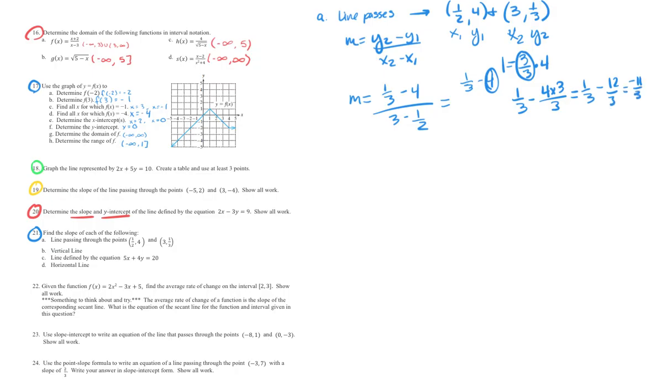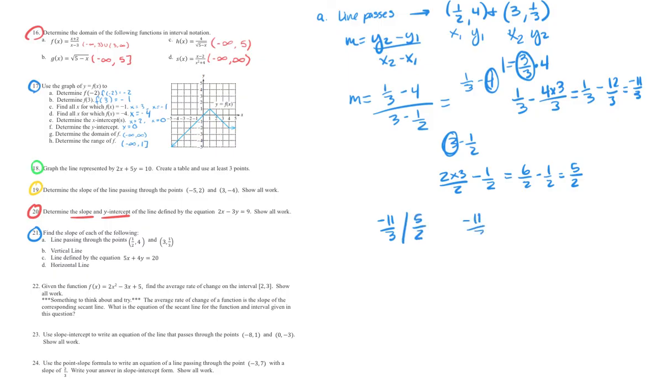Then we also have the bottom, where we have 3 minus 1/2. Let's turn this 3 into a fraction by doing 2 times 3/2, so we have 6/2 minus 1/2, which equals 5/2. Now we have negative 11 thirds divided by 5 halves.